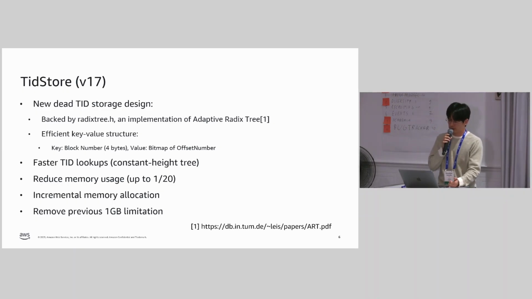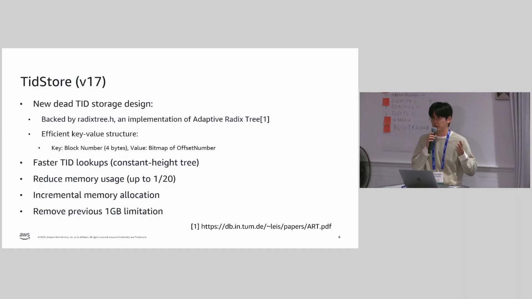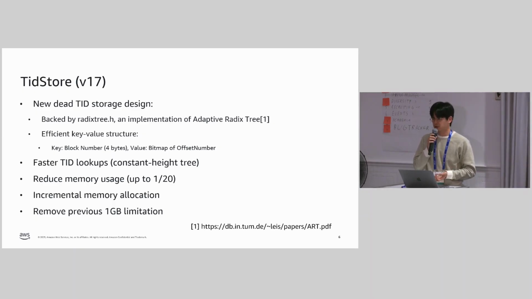So the data structure consists of key-value pairs with the block number as keys and offset bitmaps as values. This structure offers many advantages compared to the flat TID array we used in Postgres 16 or earlier. For example, it provides faster TID lookups, which is really helpful for index vacuuming.